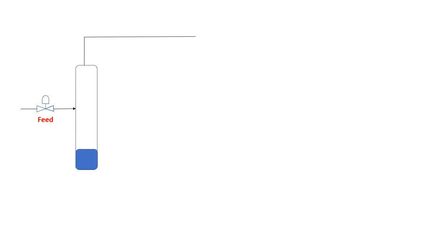So in a distillation column, the feed comes into it and it gets separated into two parts. The lighter component goes above and the heavier component comes down. Now whatever goes above is further cooled by using cooling water or any other cooling stream that is available.